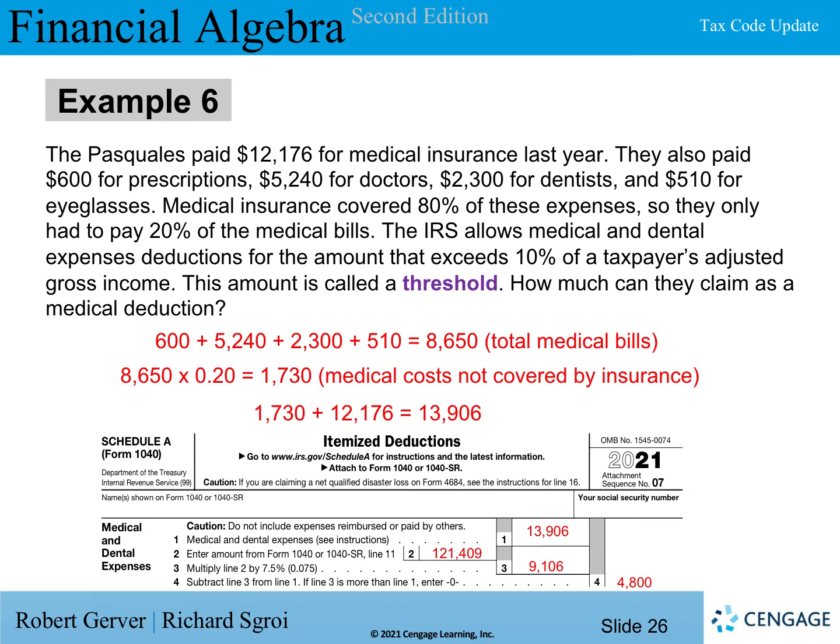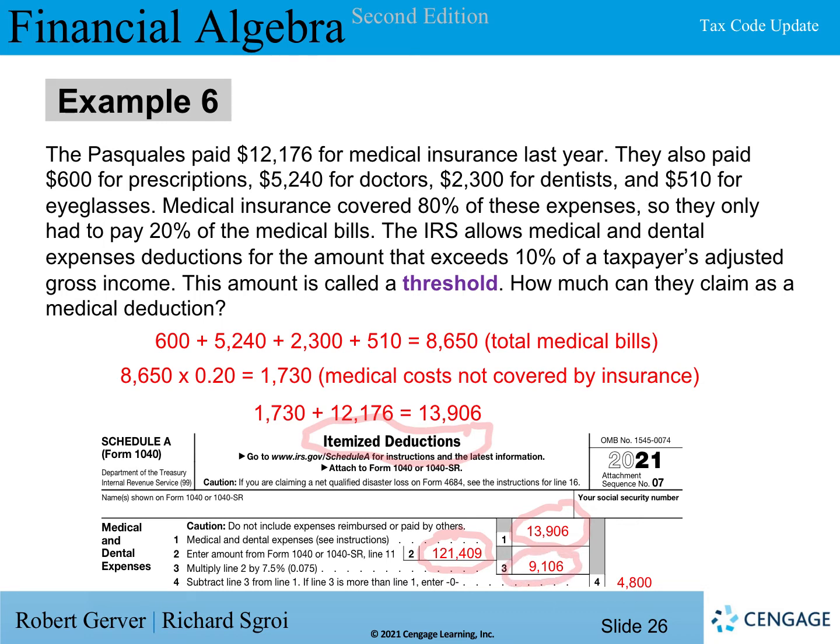So this amount they can add to Schedule A, itemized deductions. And that's right at the top here for medical and dental expenses. So they put their $13,906 there. They enter the amount from line 11 on 1040, their adjusted gross income of $121,409. And then we multiply line 2 by 7.5%, and we come out with $9,106.